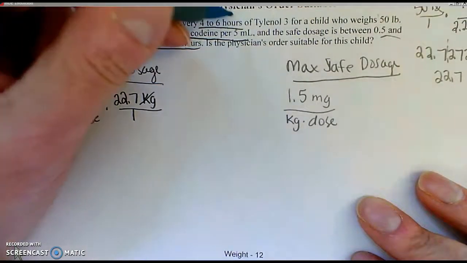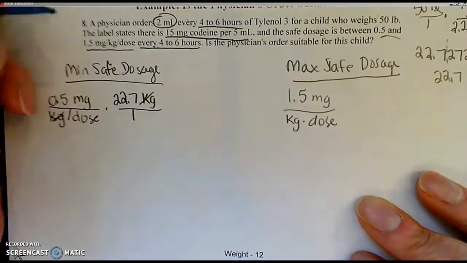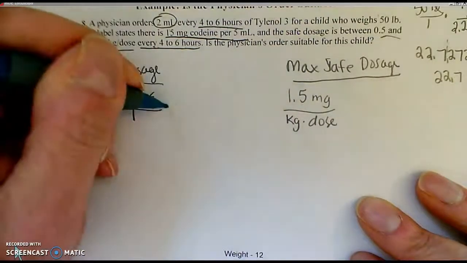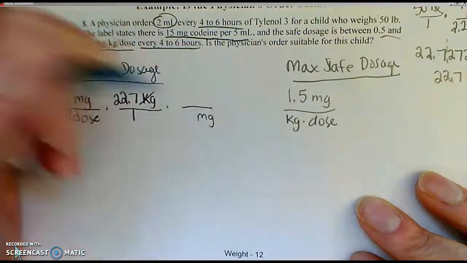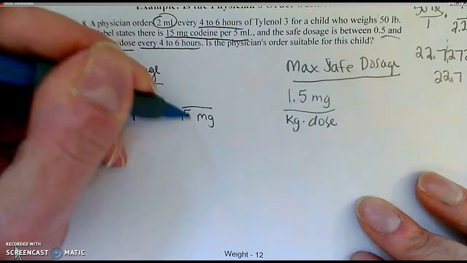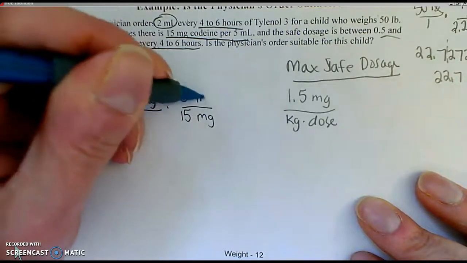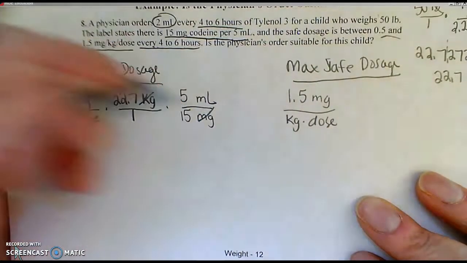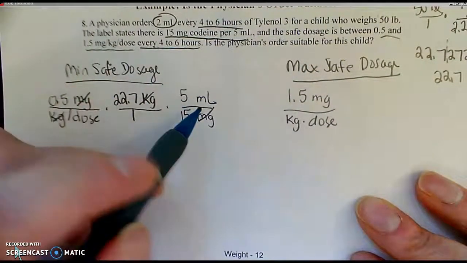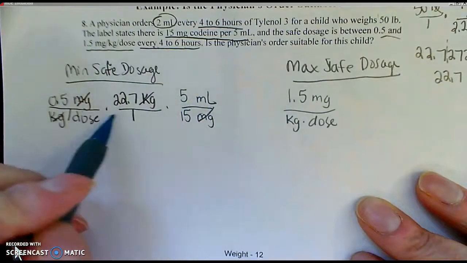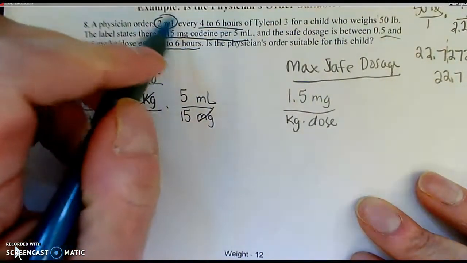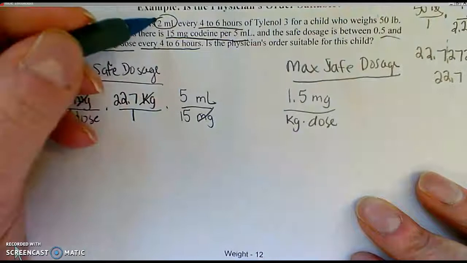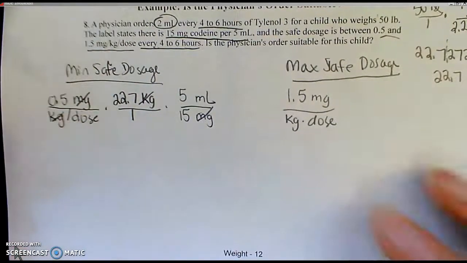So 15 milligrams in every 5 milliliters. I want to get rid of the milligrams in the top, so I'm going to put the milligrams in the bottom, and it's 15 milligrams in every 5 milliliters. That cancels the milligrams, and the units that are left standing are milliliters per dose. So now we just need to do the arithmetic here.